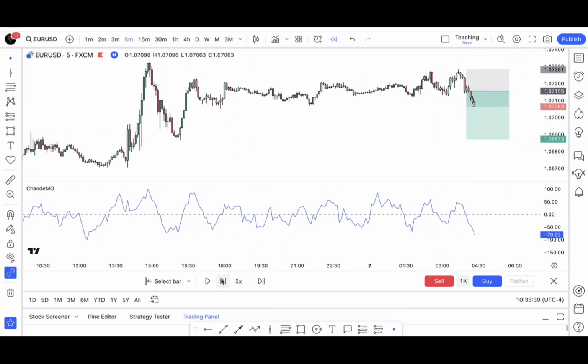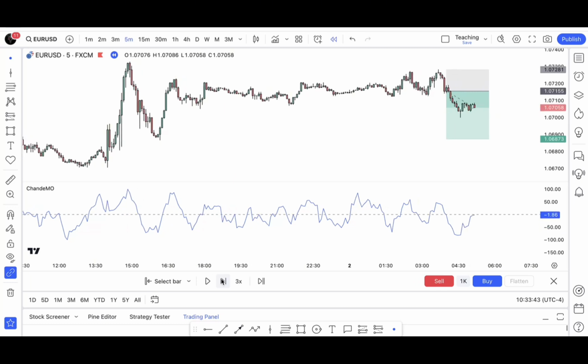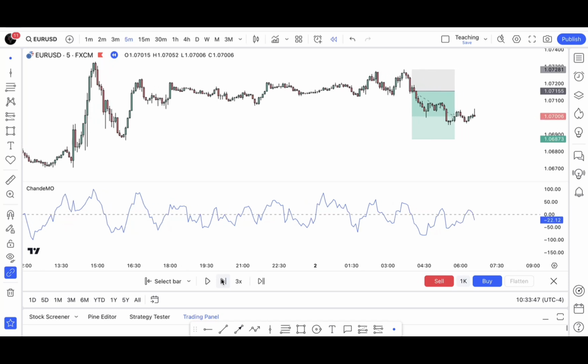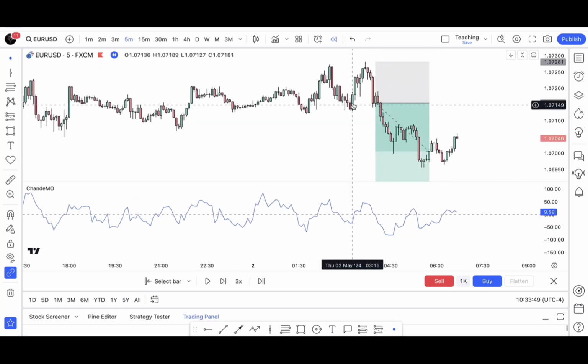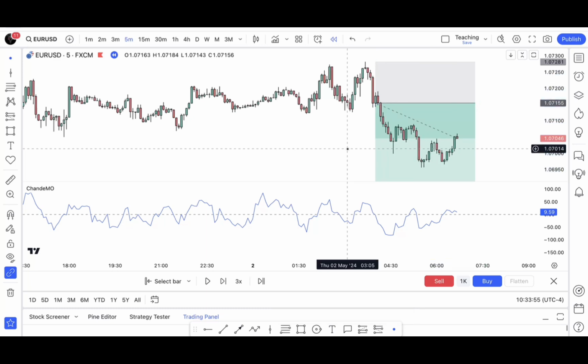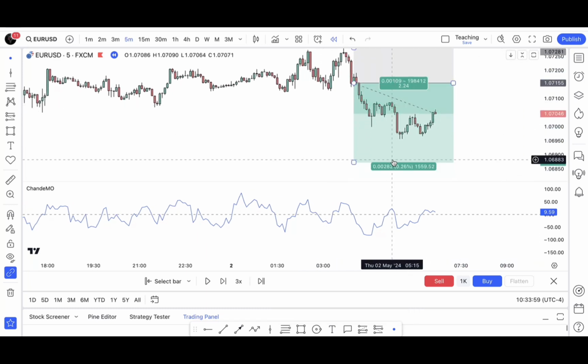Let's see how the CMO indicator works. Okay, and yeah, we're now witnessing that the price is likely building a bottom. And this is why I told you that you can't only use this indicator.